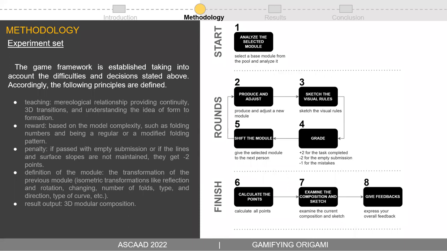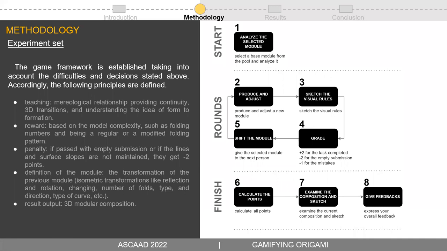The developed module becomes a cell in the 3D pattern composition and is attached to the previous module. At the same time, students define the visual rules with keywords. They get points for the composition when the process is completed or time runs out.